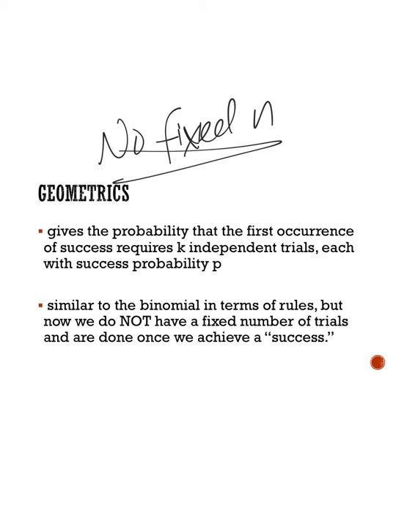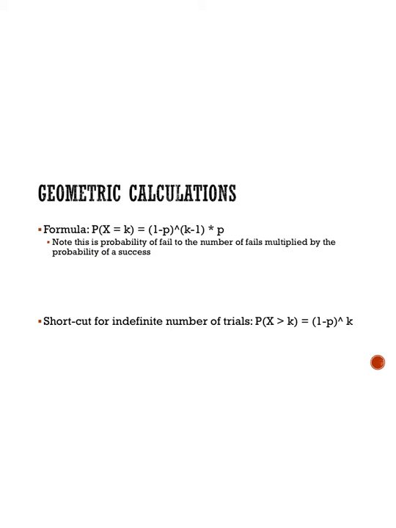We're just going until we have a success, which means all of our calculations are basically probability of a fail times probability of a fail times probability of a fail times probability of a success, or however many times we fail before we succeed. So that is what this probability formula represents: 1 minus p is the chance of a fail, raised to the number of fails, times the chance of a success.